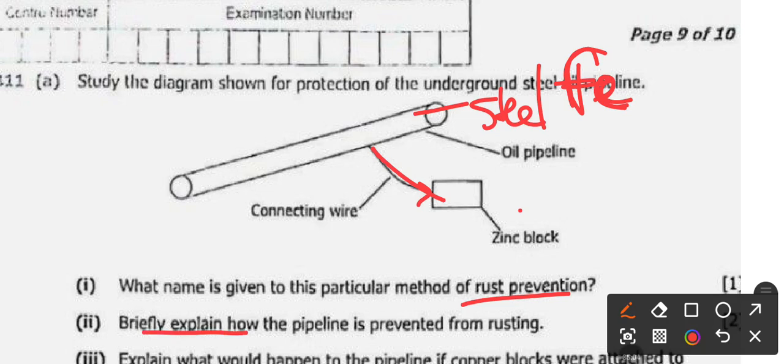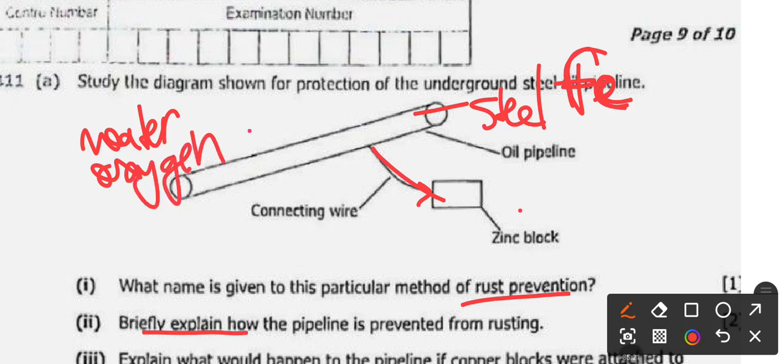When the pipeline is exposed to environmental conditions such as water and oxygen, instead of the iron reacting with these environmental conditions, since zinc is more reactive than the iron, it would react in the place of iron.